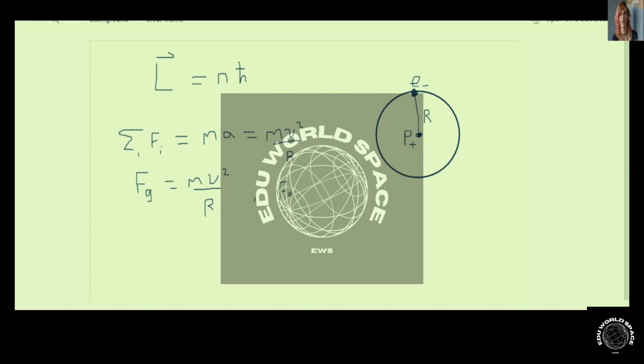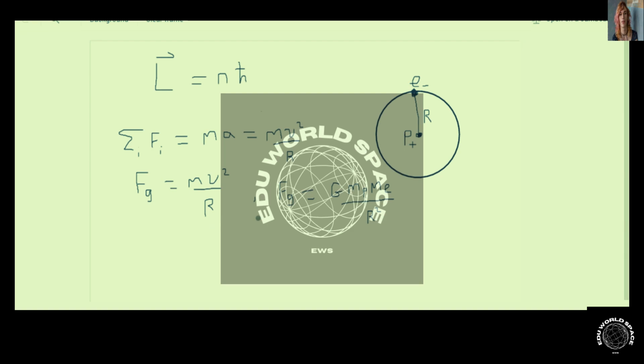It's Newton's law of gravity. The gravitational force between two particles is equal to G, the mass of the first particle, the mass of the second particle, over r squared. It's an inverse square law, and they are both in the radial direction, so no worries about the directions here.